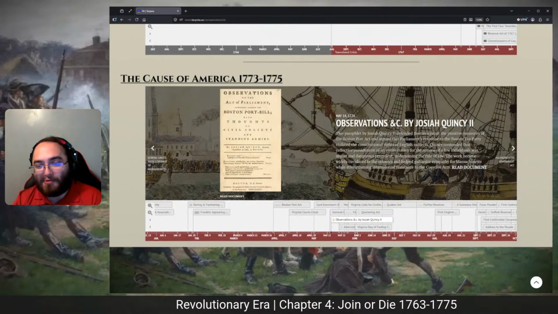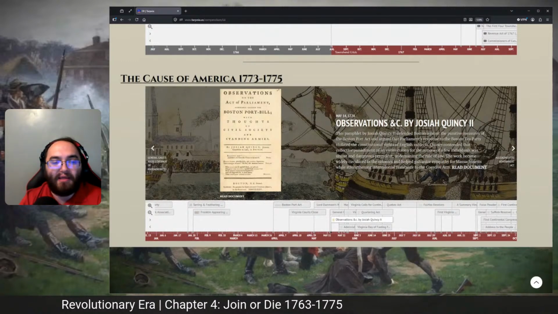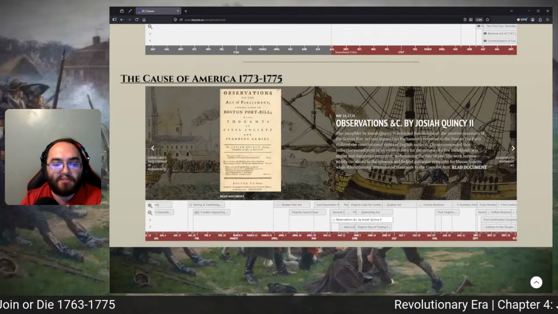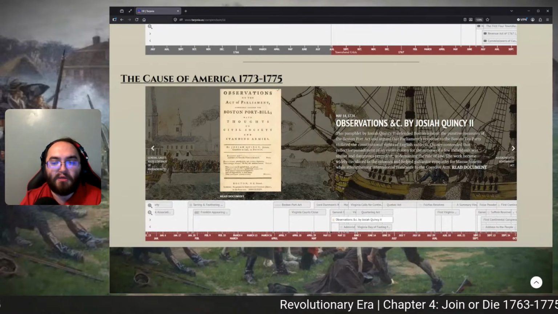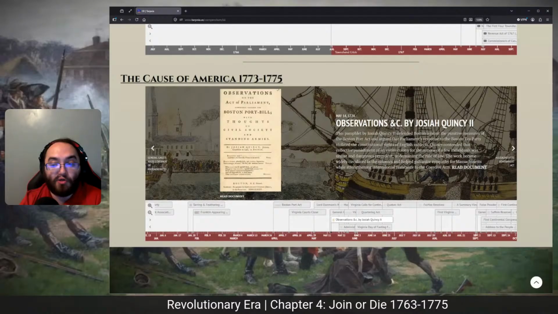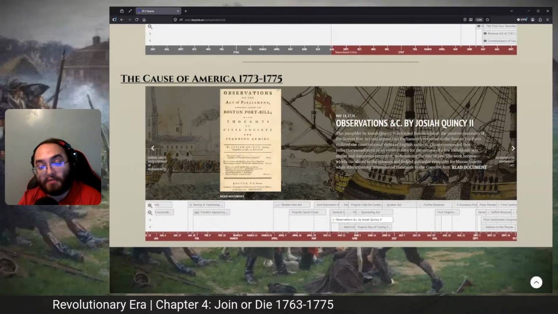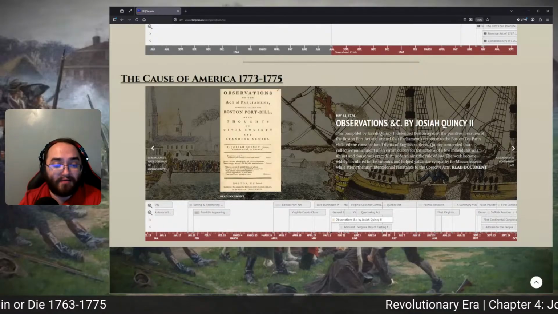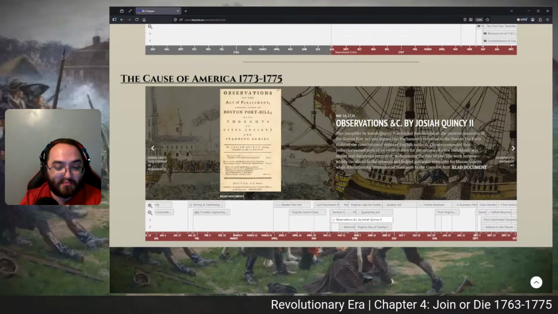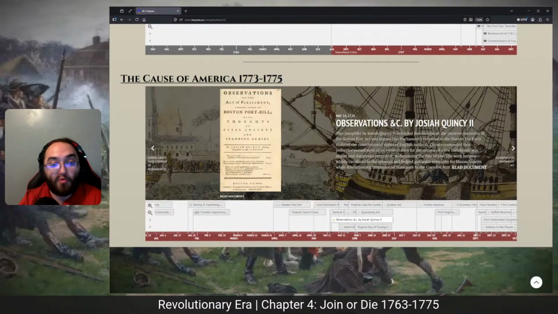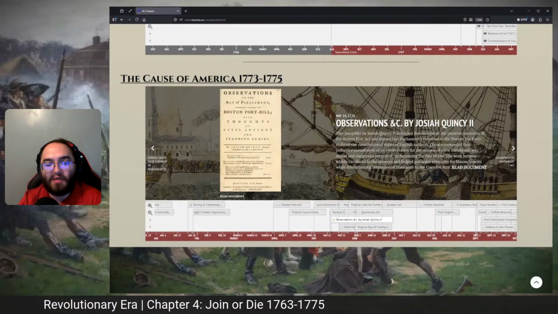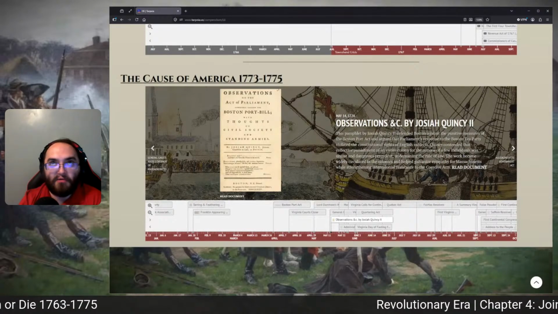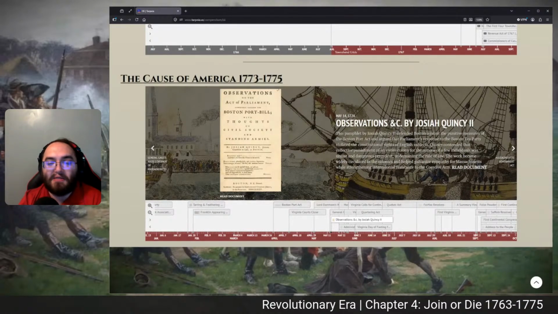Here's yet another political essay called Observations on the Act of Parliament, commonly called the Boston Port Bill, with thoughts on civil society and standing armies, written by Josiah Quincy II. He is a friend of John Adams. In fact, John Adams names one of his sons John Quincy Adams, most likely after this guy, if not John Quincy the First, then John Quincy the Second.